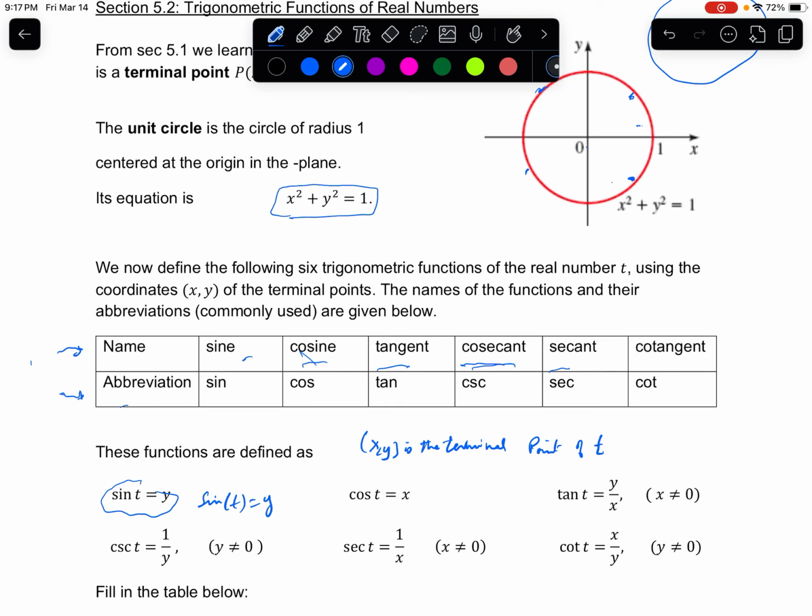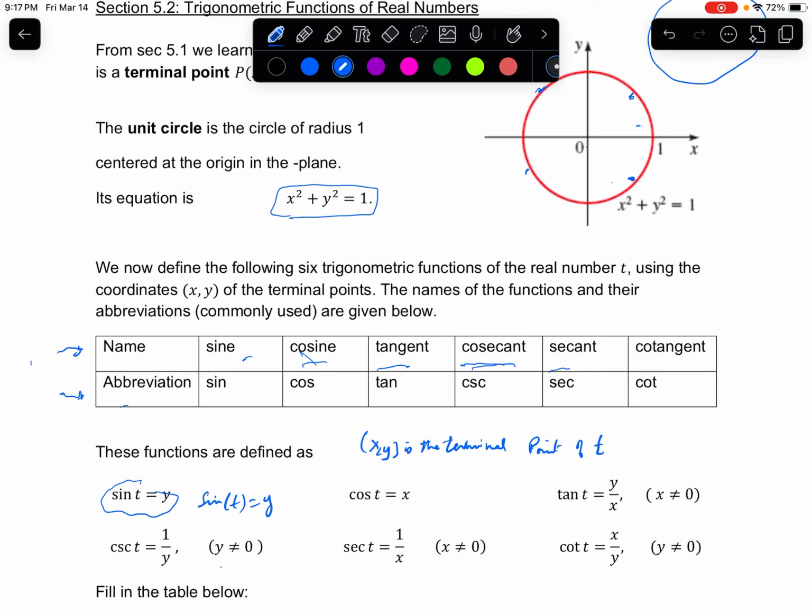Cosecant of t is equal to 1 over y, where y should not be equal to 0. If y is 0, we say cosecant is undefined. Secant of t will be equal to 1 over x. Again, x should not be 0; if it is 0, we say it is undefined. Cotangent of t will be equal to x over y, and y is not equal to 0.